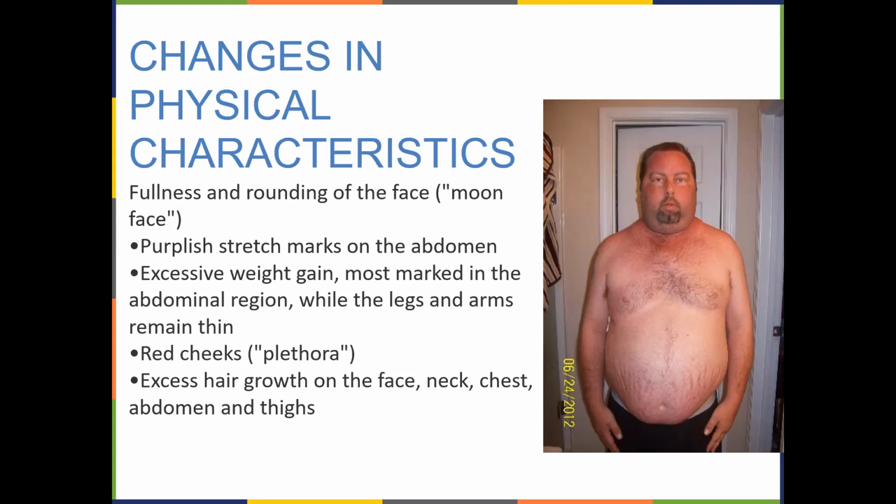The moon face. Lots of people that take steroid hormones for some sort of therapy get a round face. We call it a moon face. Well, here we're producing lots of extra cortisol. Note the stretch marks around the abdomen. That's how the abdomen is, we call it pendulous. It hangs down, and see the stretch marks there.